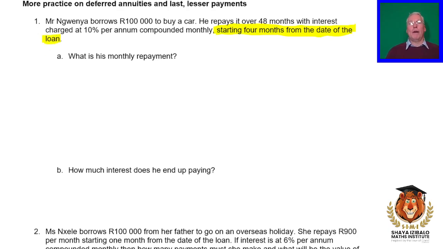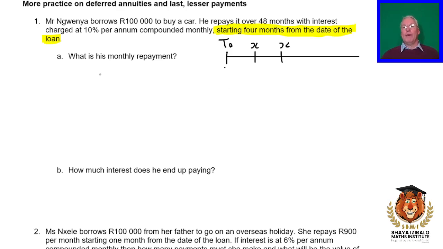Remember what happens with our present value formula. We are wanting the amount that is owing 1 month before the first payment is made. So in other words, there. Right, so we want to know what is the debt 1 month before the first payment is made.